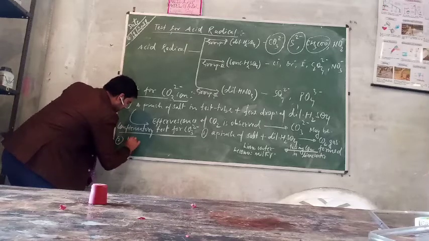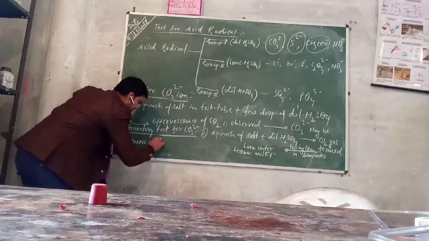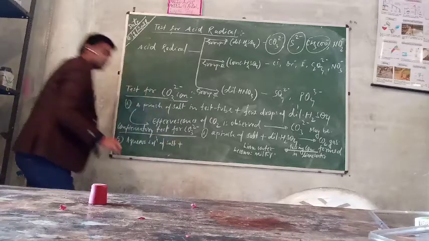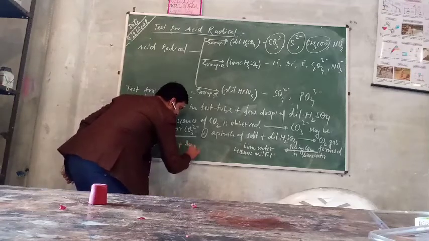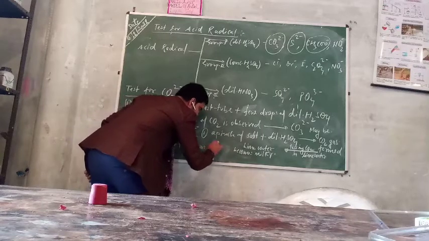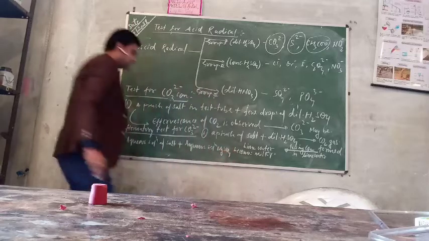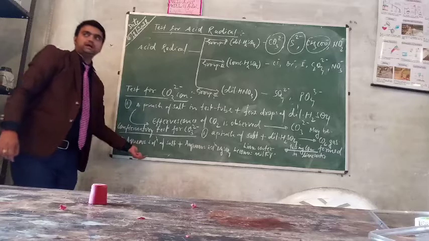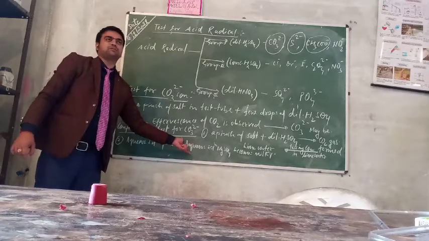aqueous solution of salt plus aqueous solution of magnesium sulfate, MgSO4. Clear? First of all, you have to prepare the aqueous solution of the given salt, and you will add the aqueous solution of magnesium sulfate into it.